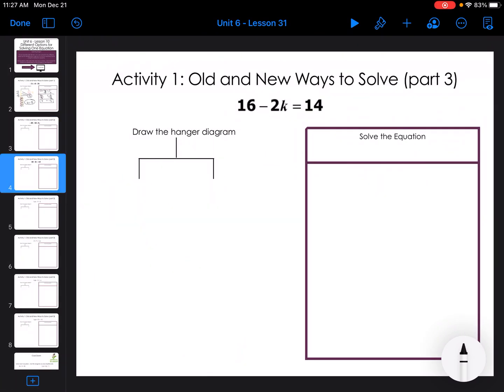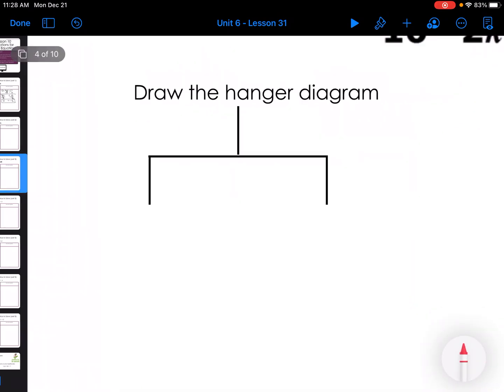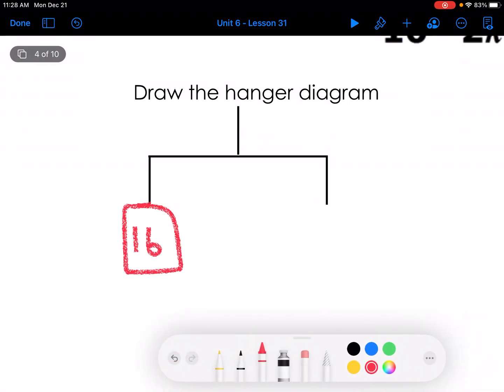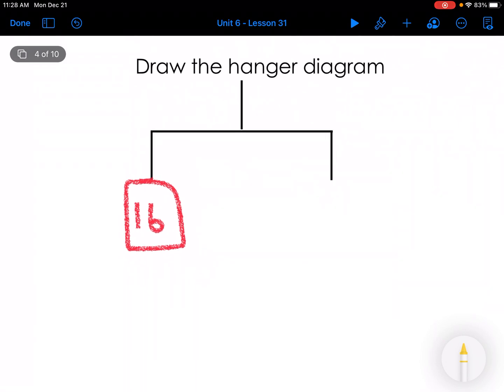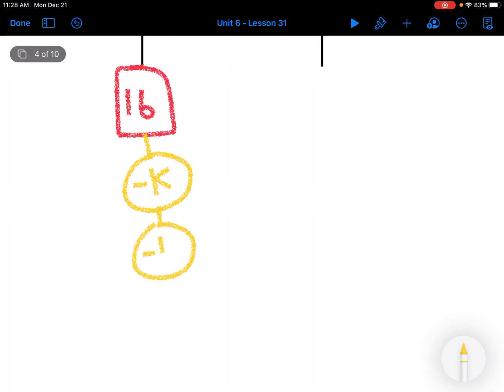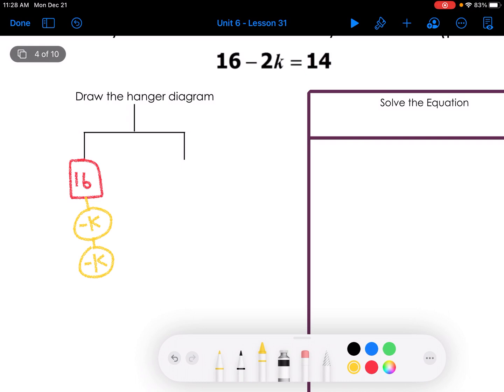All right, I'm going to draw my pieces in. So I have a positive 16, and I have 2 negative k's. And then on the other side, I have a positive 14.